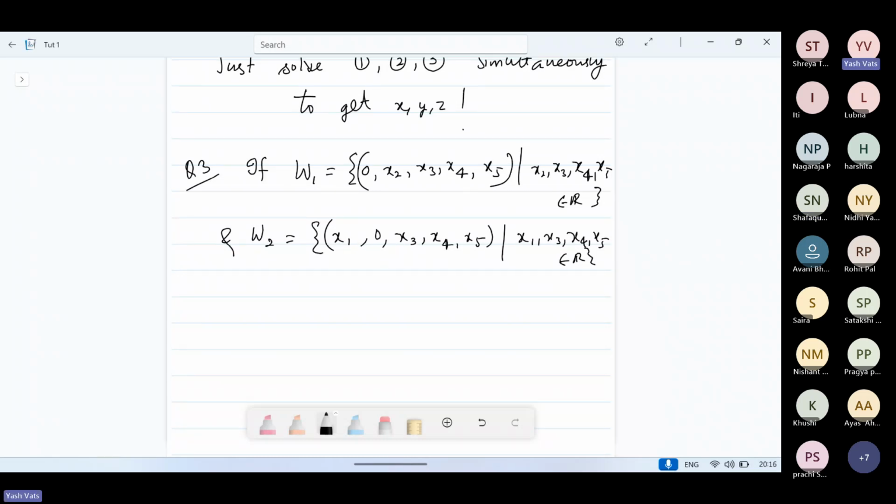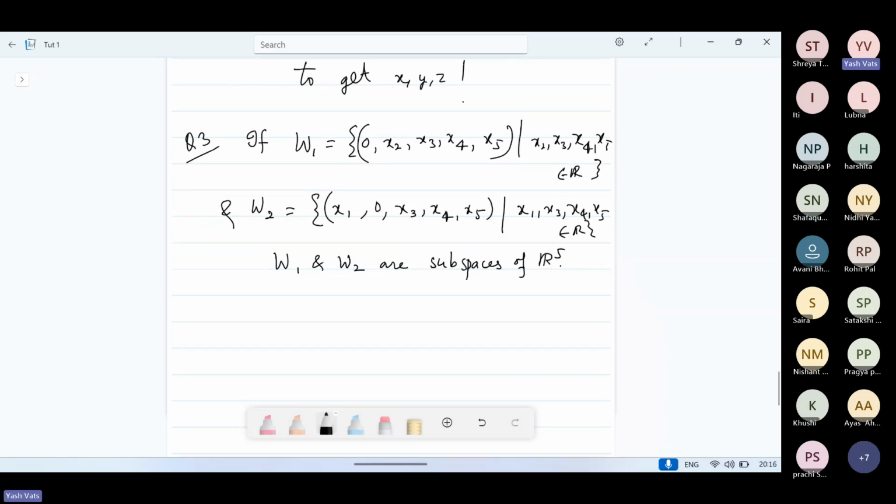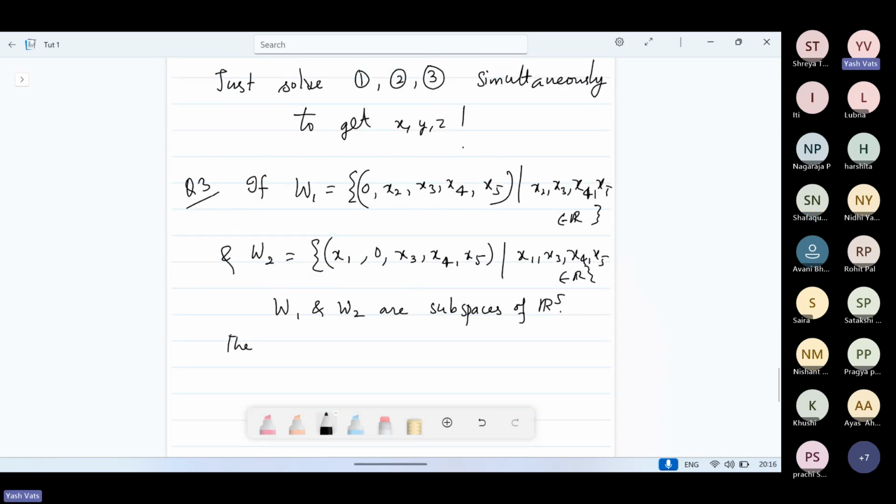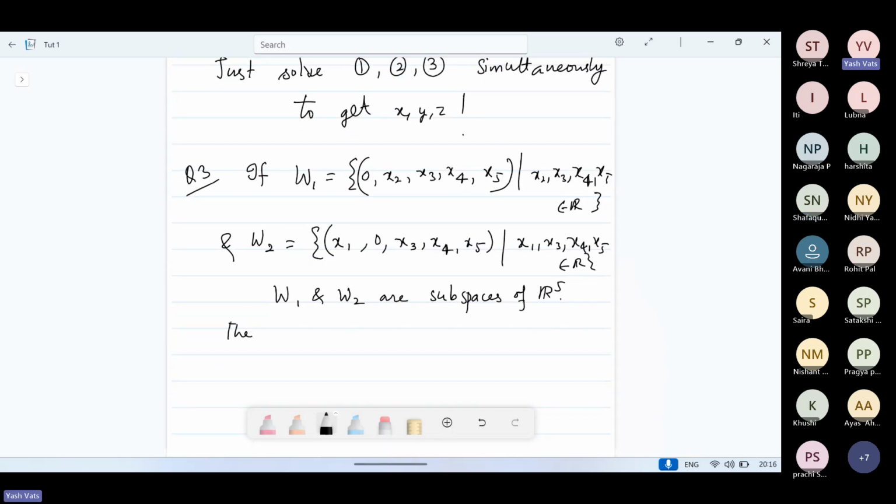So these are subspaces. W1 and W2 are subspaces of R5. Then what is the dimension of? Okay, I think I have to discuss the basis first, then we discuss that. Okay, so W1 and W2 are subspaces of R5.